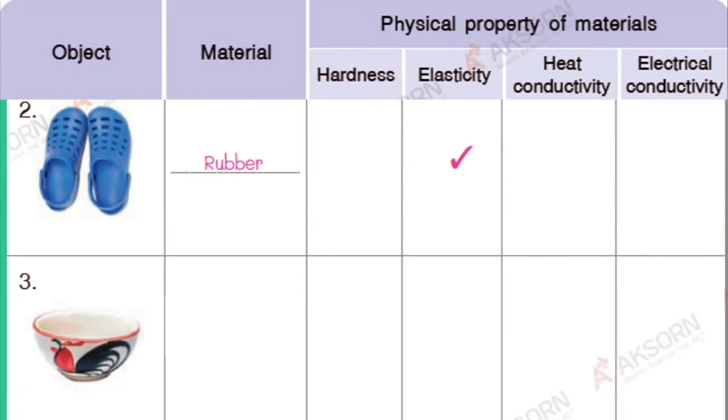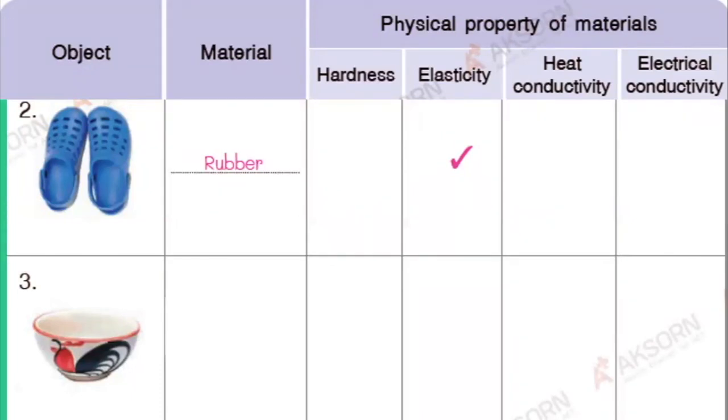All right. Number 3, what is it? Object number 3, what is it? Let's say it's a ceramic bowl. All right, ceramic bowl. Material? Material is ceramic, okay?